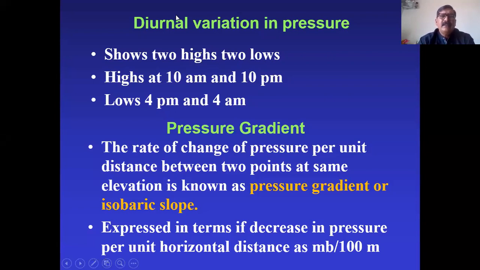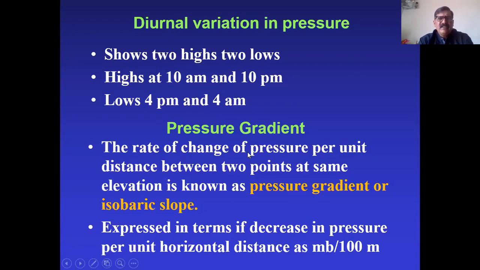The highs are at 10 a.m. and 10 p.m., and the lows are at 4 p.m. and 4 a.m. Because in the evening and early in the morning, the water vapor present in the atmosphere makes it humid, and the pressure is low.